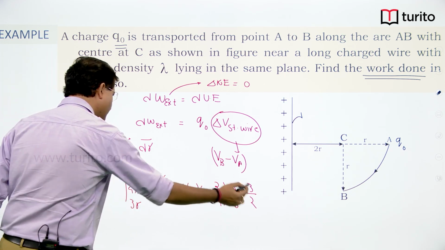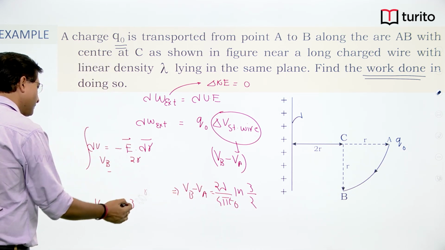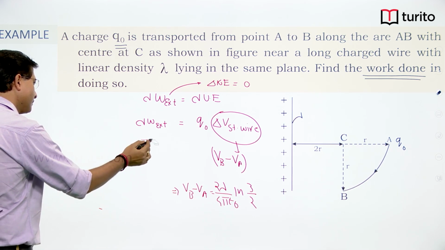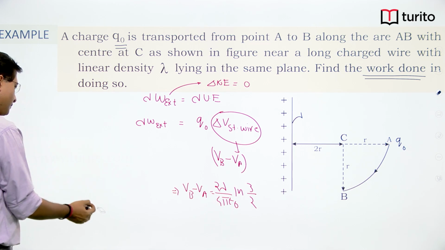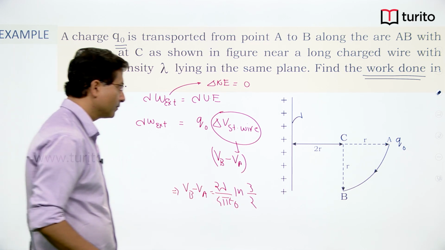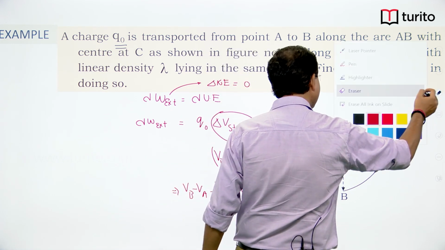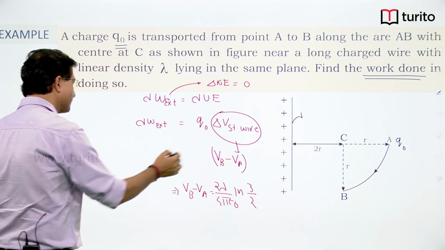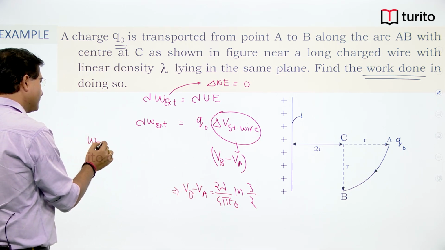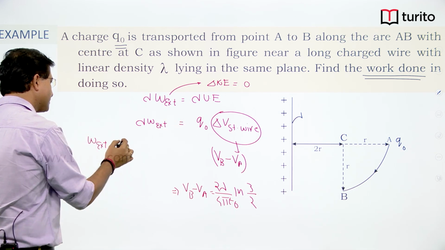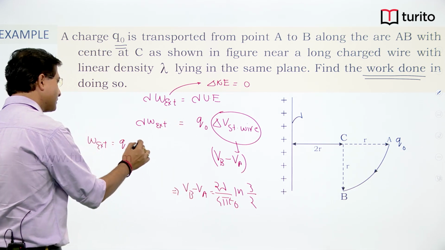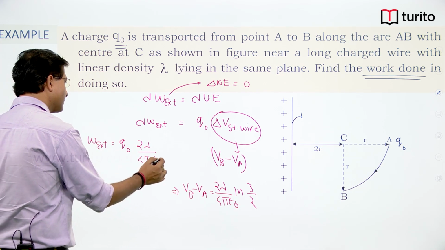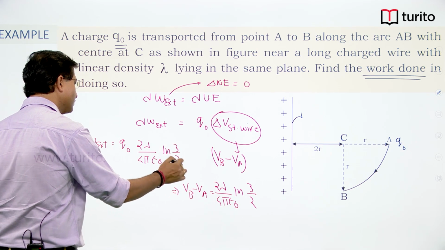Remember this one. I will erase this part. Now I will substitute this value here. Work done by the external agent will become charge times potential difference, and the potential difference is what we just calculated, 2 lambda upon 4 pi epsilon naught ln 3 by 2.